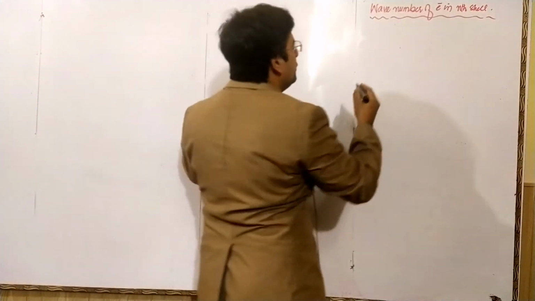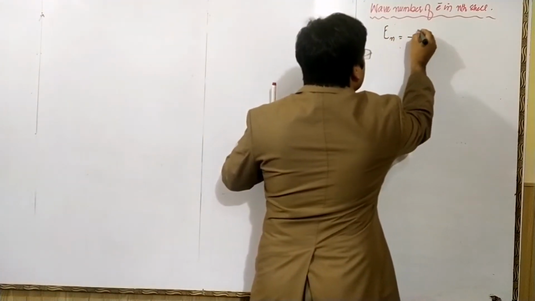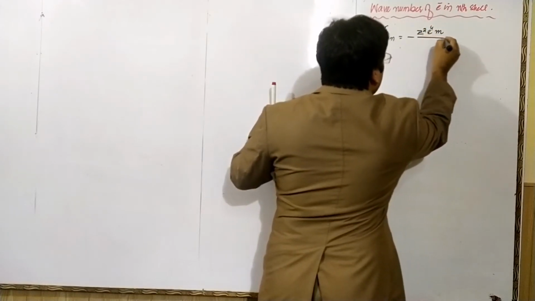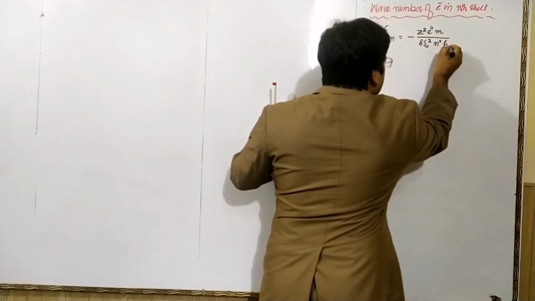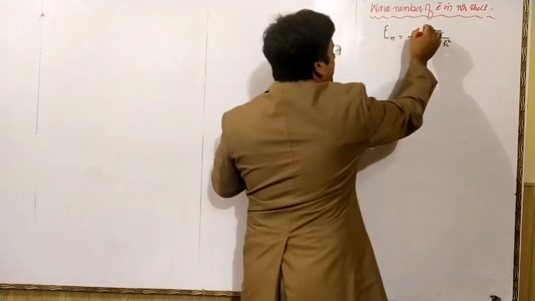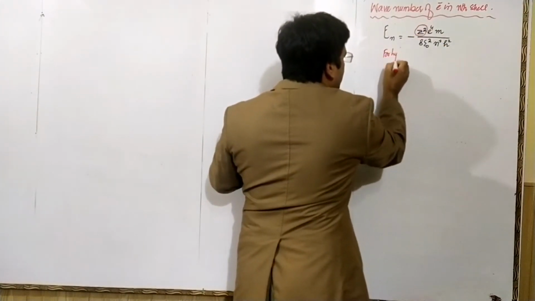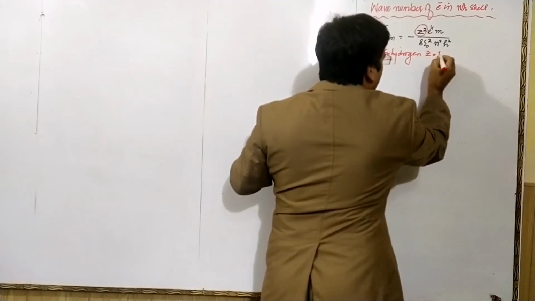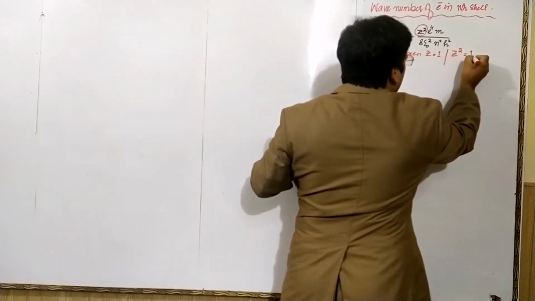The energy equation we have calculated for the nth shell is minus Z square e^4 m divided by 8 epsilon naught square n square h square. As we have already studied, for hydrogen atom Z, the atomic number, will be equal to 1, hence Z square will also be equal to 1.